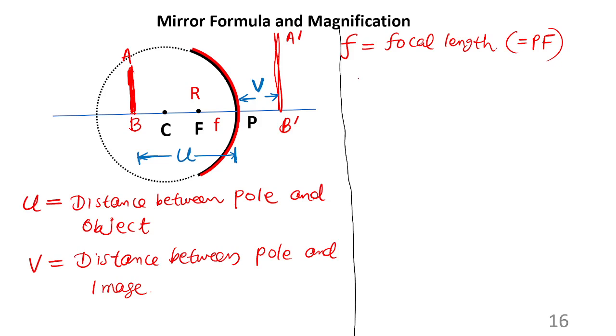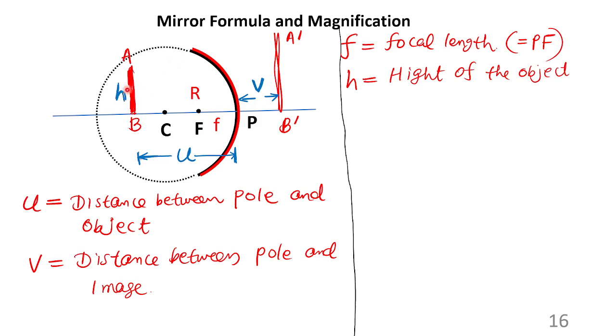The size of the object or height of the object. H is the height of the object. Height of the object or size of the object. So height of the object I will show you in the diagram H. AB will have a height, right?